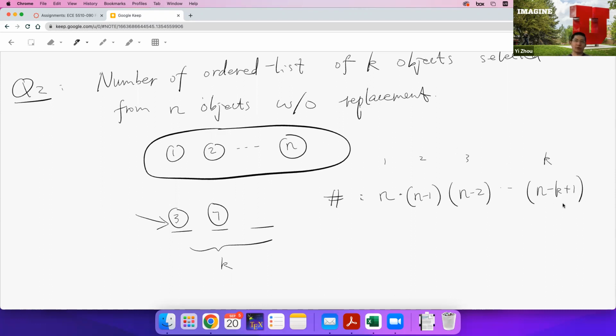So once you fill in the kth position, you only have this many balls left. And you can verify that this is n factorial divided by n minus k factorial.